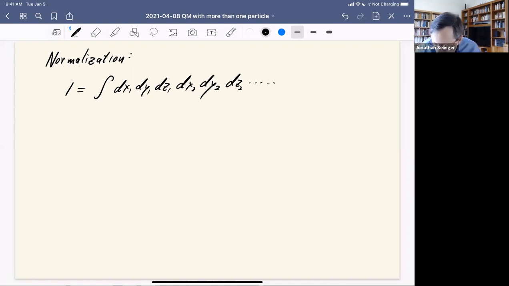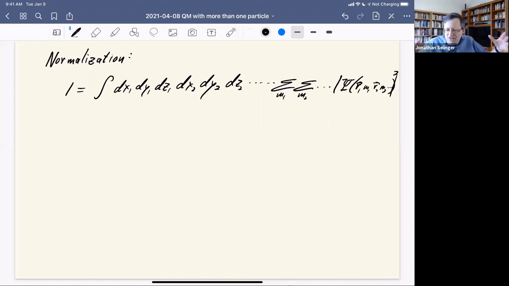You're integrating over all the position coordinates, and you have to sum over m1 and m2, all the spin coordinates, of the magnitude of psi squared.